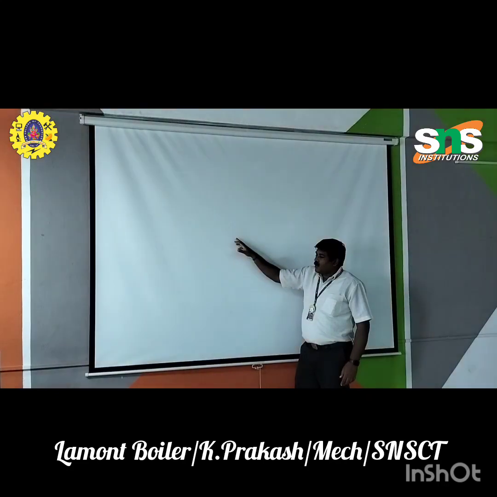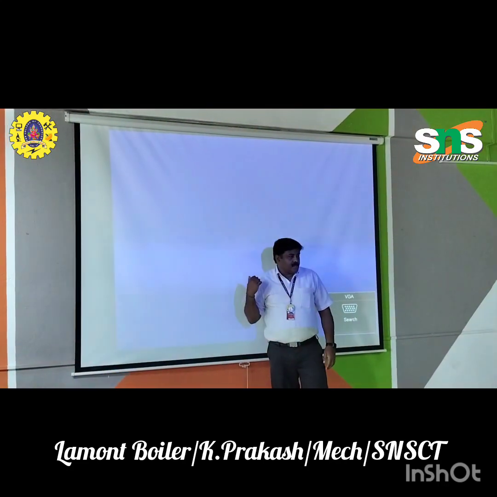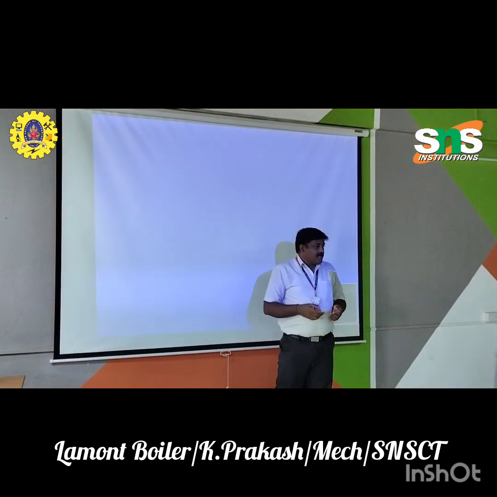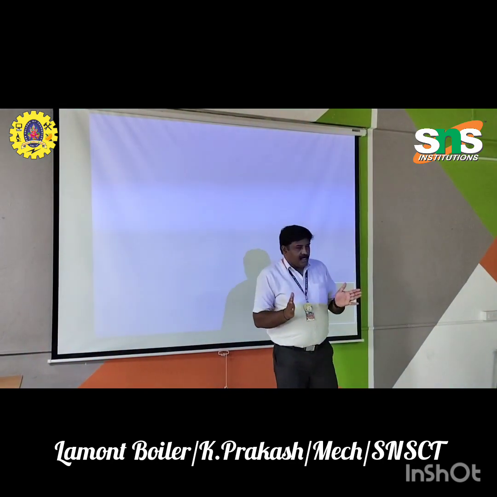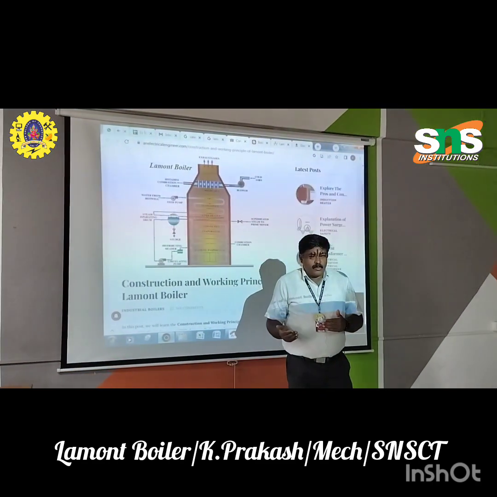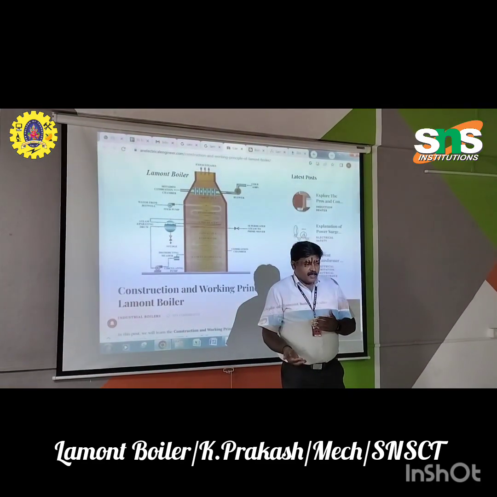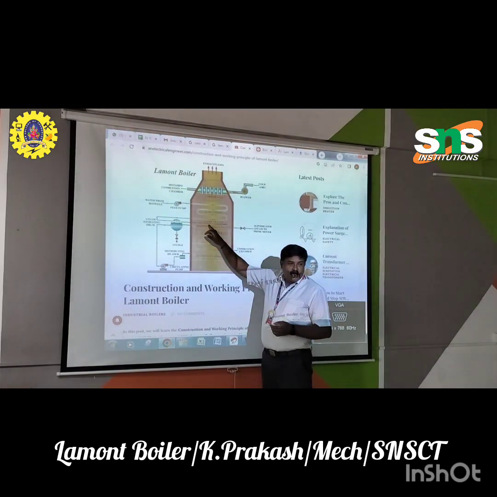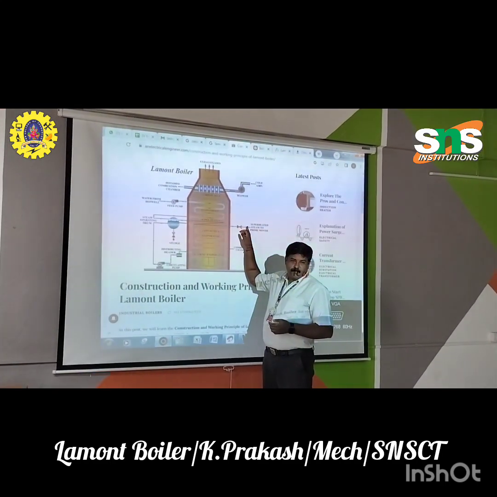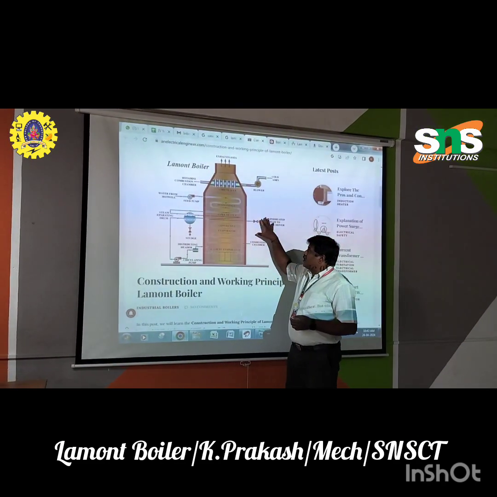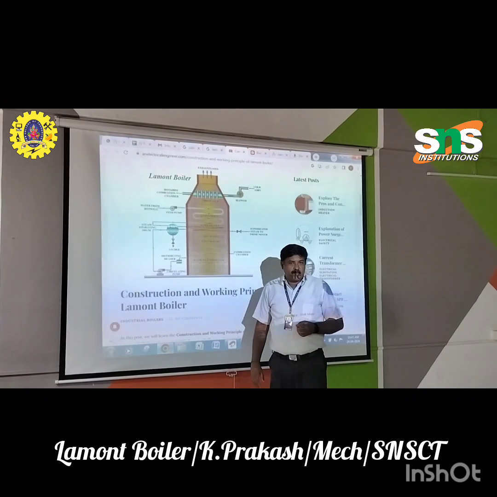Initially the conversion of steam takes place from wet steam to dry steam. Again when we heat here, the steam is converted into superheated steam. Okay, so this is how water is converted into superheated steam in the Lamont boiler. Okay, thank you.